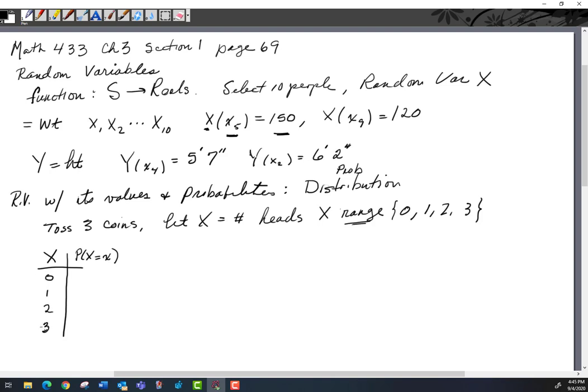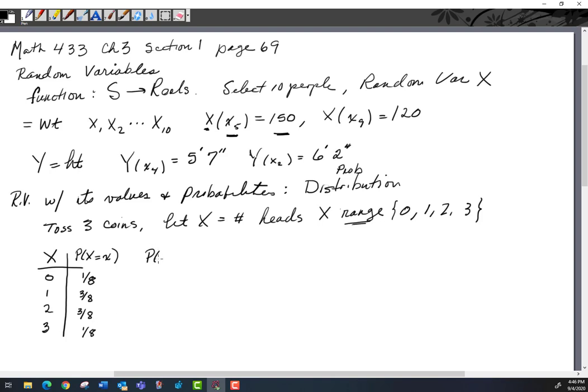These are the lowercase x values. They're the values that the big X takes. And maybe it's an exercise to see where these numbers came from, but it would be 1/8, 3/8, 3/8, and 1/8.